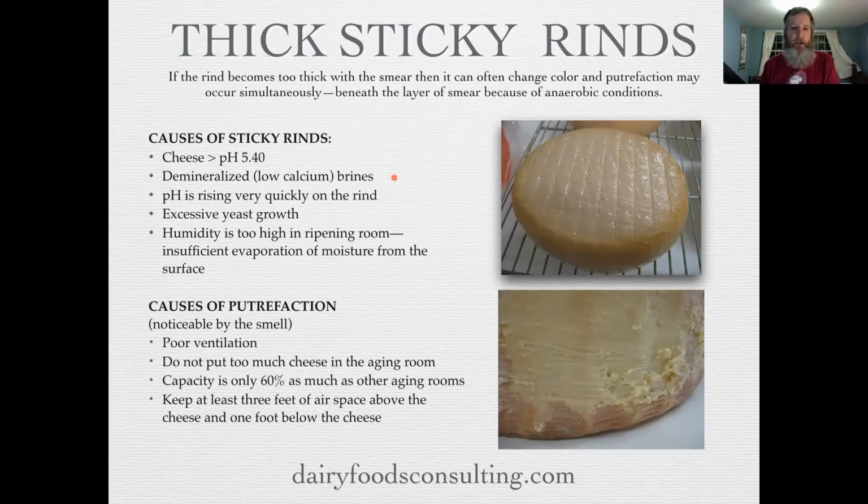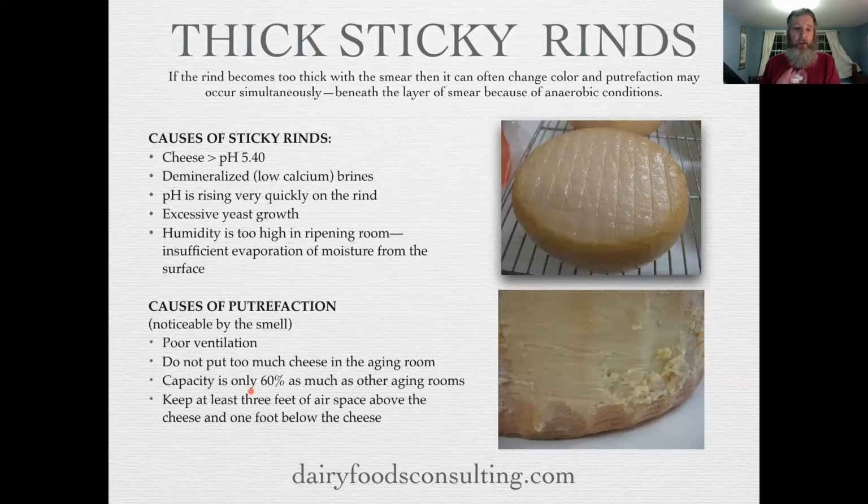I may be overpacking the aging room. This is a super important bullet point right here. So you go in and figure out the capacity for your aging room. You're used to this certain amount you can put in there. And now I'm going to start to do soft ripened, high moisture wash rind cheese. And you're like, oh, well, I can put in that much cheese.